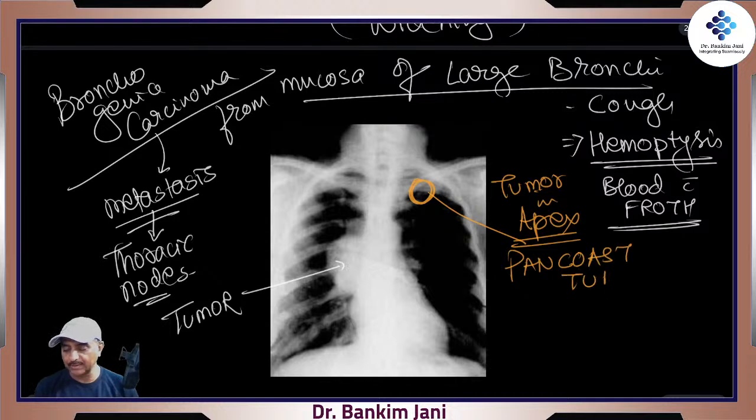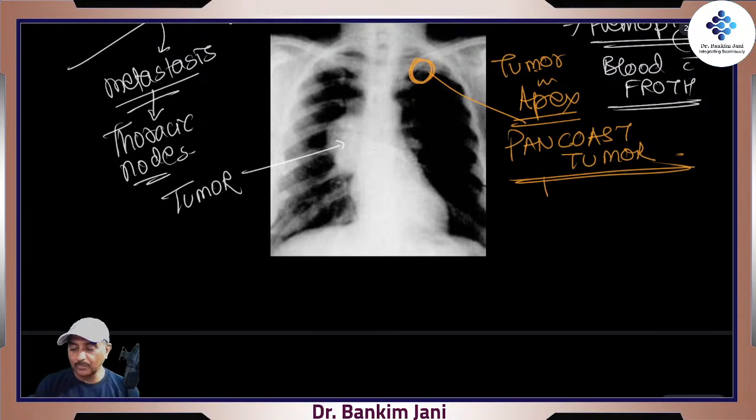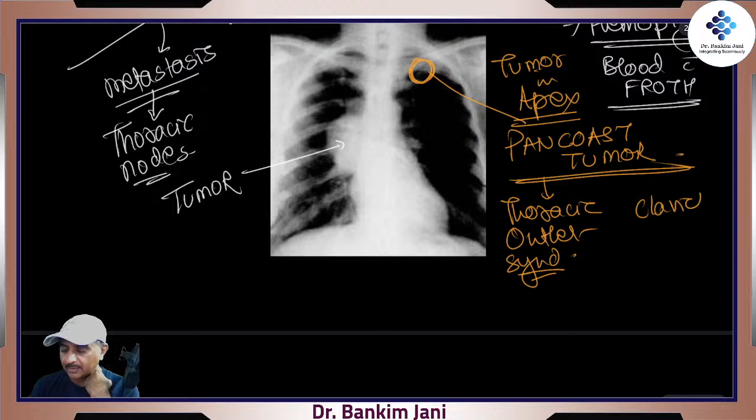This Pancoast tumor will lead to what's called thoracic outlet syndrome. It means this particular tumor will be occupying the position between the clavicle and first rib.